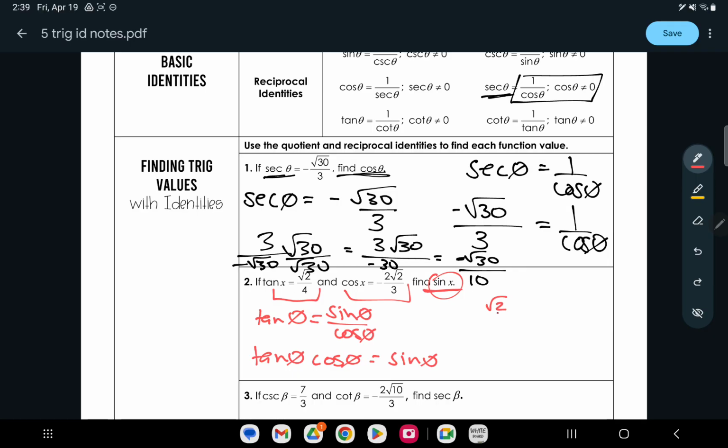So root 2 over 4 times negative 2 root 2 over 3. So on top the roots will cancel out, so that's negative 2 times 2 over 12, so negative 4 over 12, which reduces down to just negative 1/3.